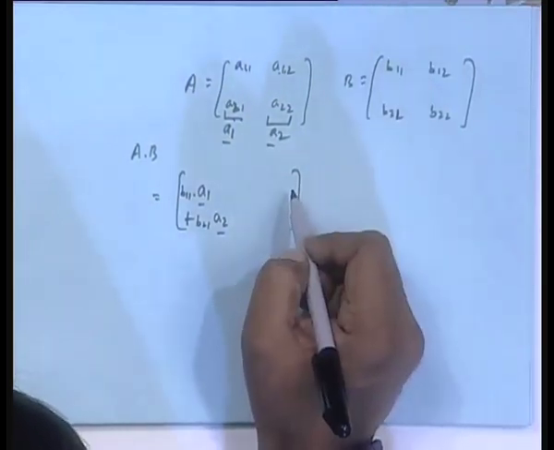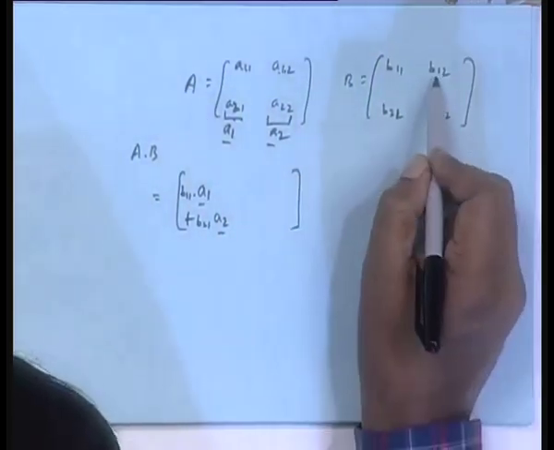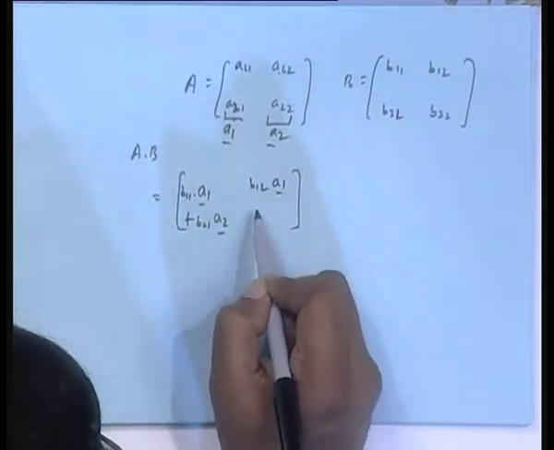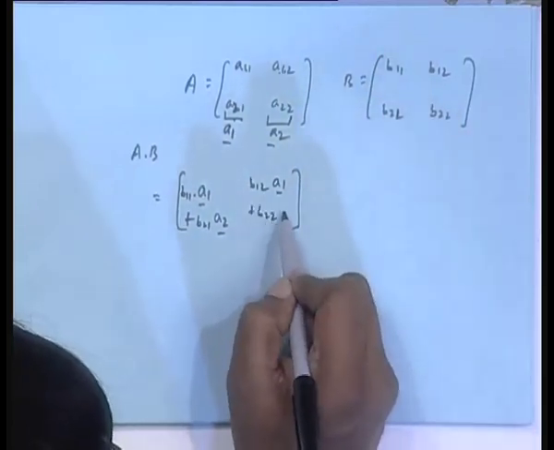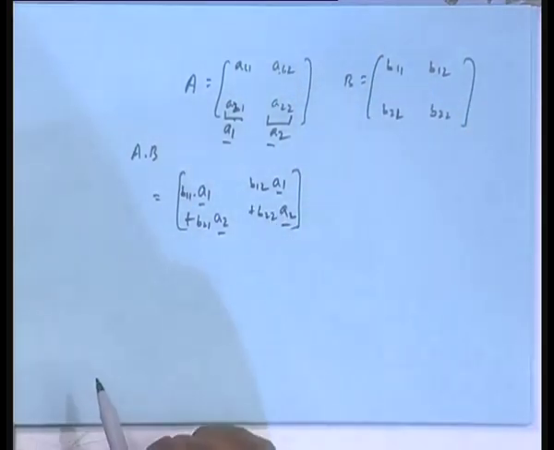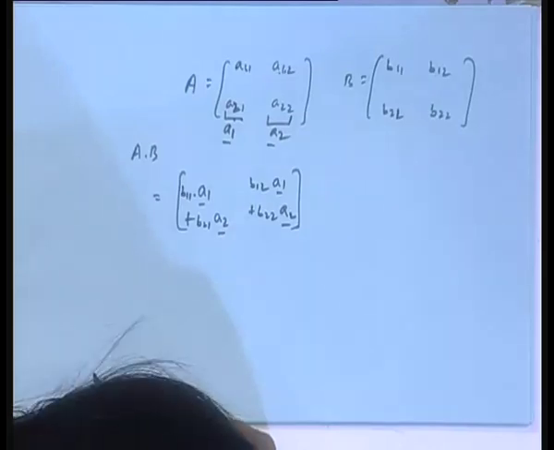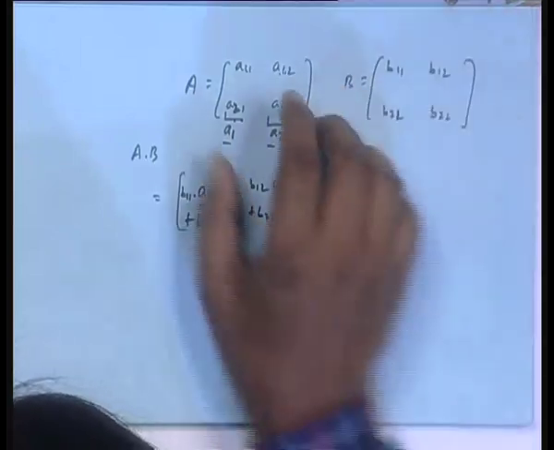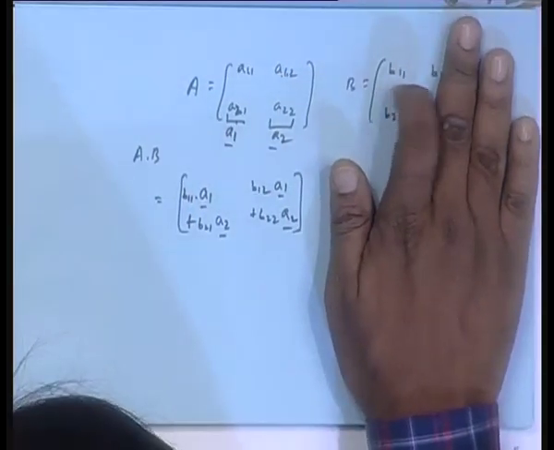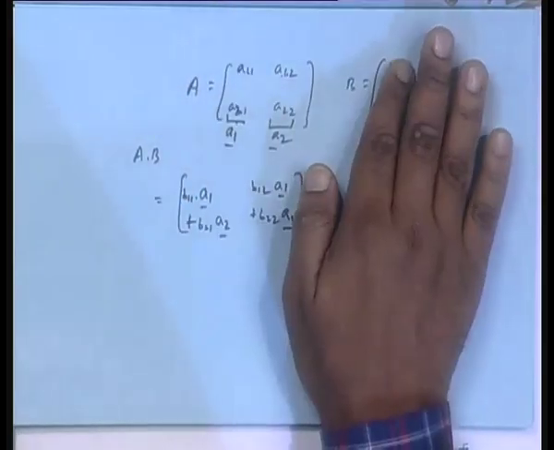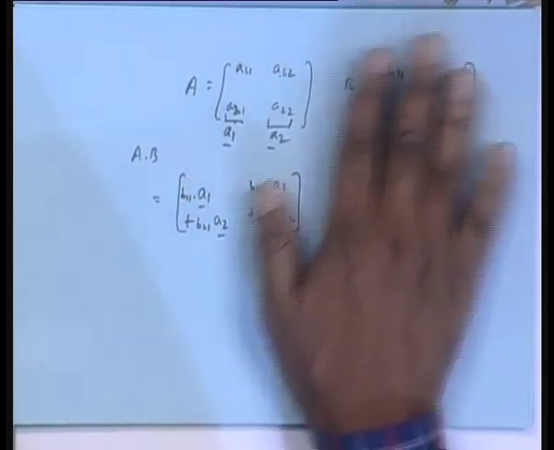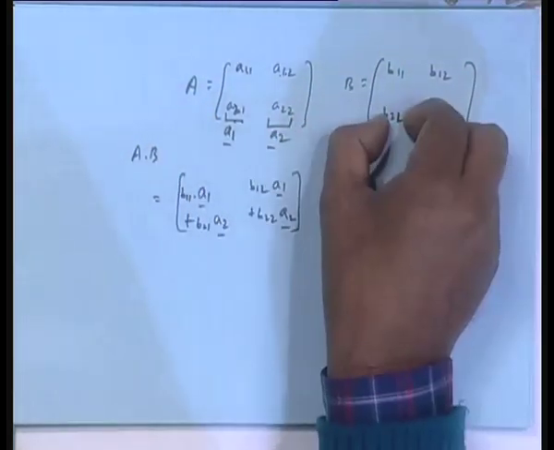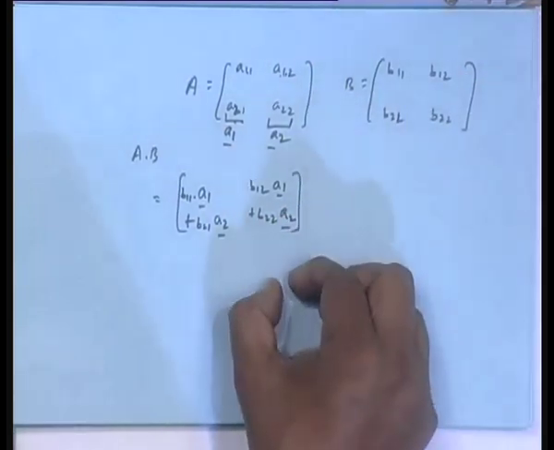Similarly, here you now combine B12 into A1 plus B22 into A2. Forget about matrices, even if it is a vector only: for any column vector, matrix times column vector, what you are doing? You are taking the first element, multiplying the first column with that, the second element, multiplying the second column with that, like that, and then adding. That will be the net thing. That is this matrix into that vector. Again, this matrix into this vector, do accordingly.